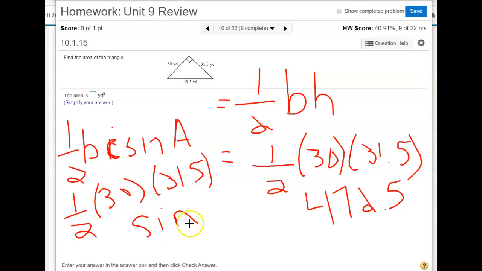The angle has to be in between those two sides. So I couldn't have used the 43.5 and the 30 or the 43.5 and the 31.5 because I don't know their angles. But I at least know I've got that 90-degree angle. And again, if you go and type that in, we should come up with the same answer, 472.5.